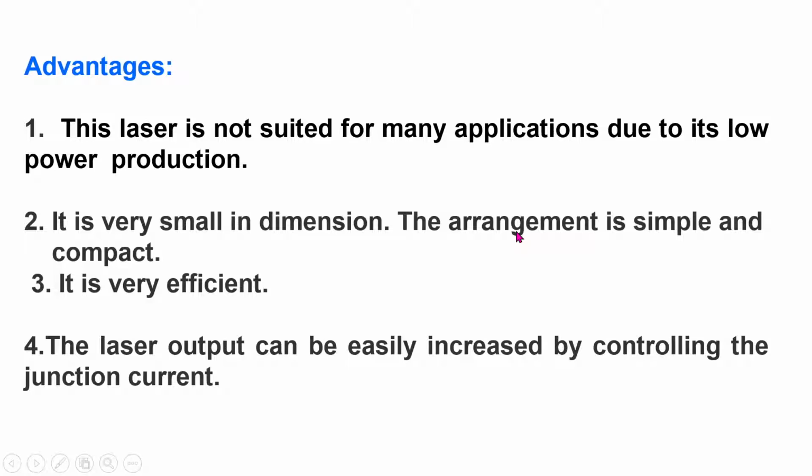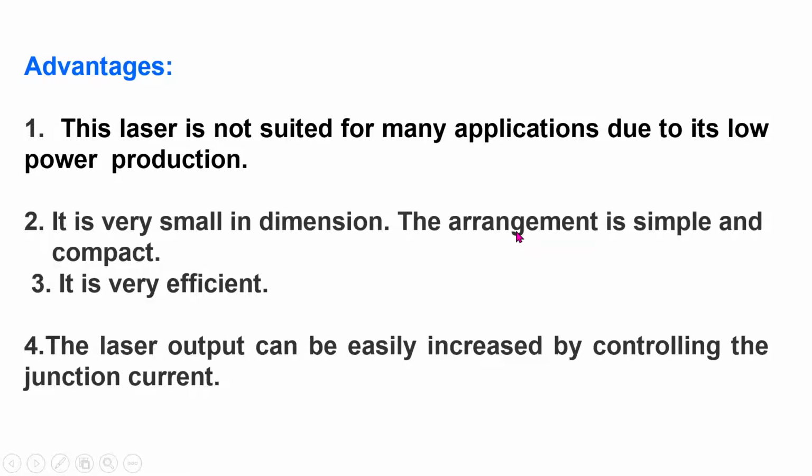While operating the semiconductor diode laser, if we increase the strength of the forward voltage, what will happen there? We can easily control the junction current here. We know that the junction current depends upon the applied forward voltage.